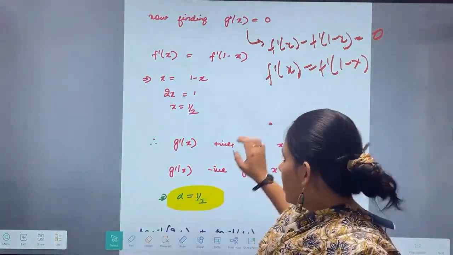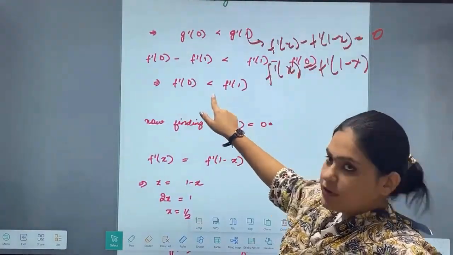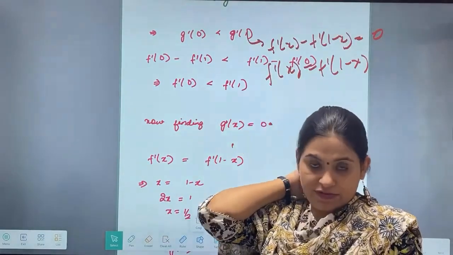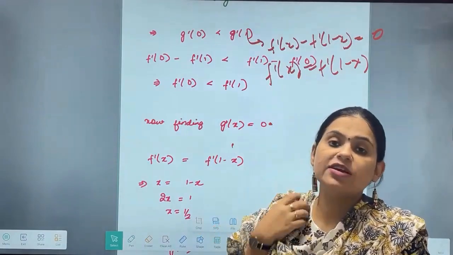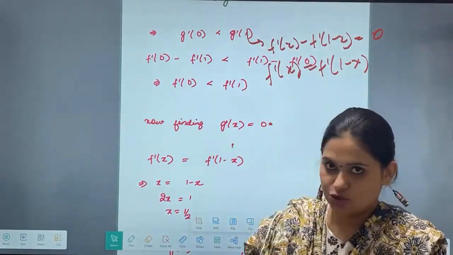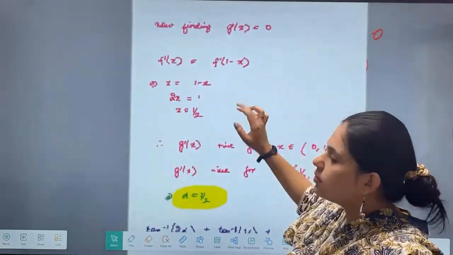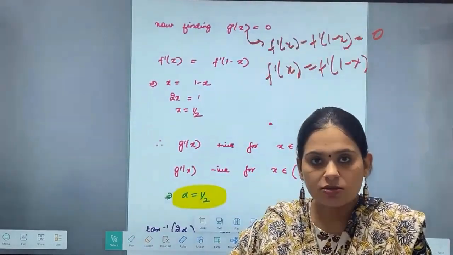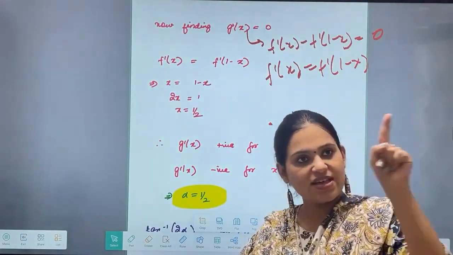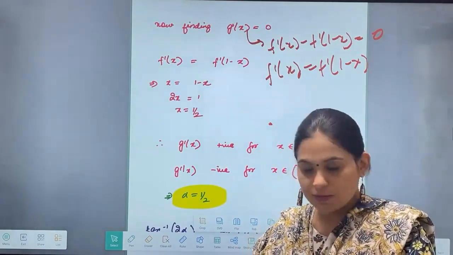Didn't I prove this? I just proved to you that f is a decreasing function. So if I have proved that your f is a decreasing function, then can I say it will be a one-to-one function? I can, na? It is decreasing. So each x has a unique value of the function. So it's a one-to-one function.